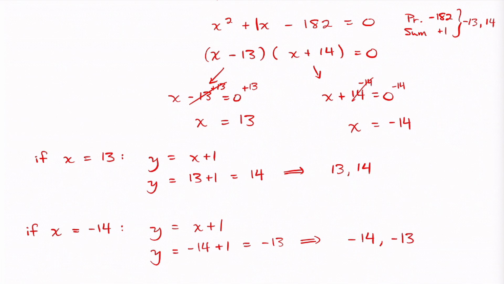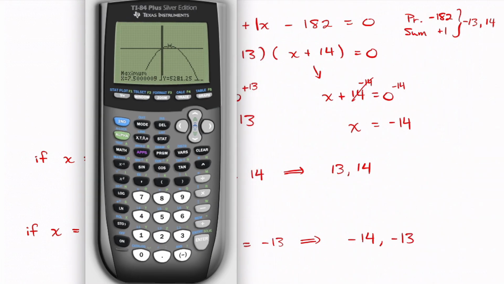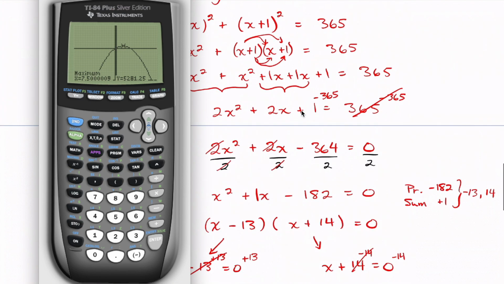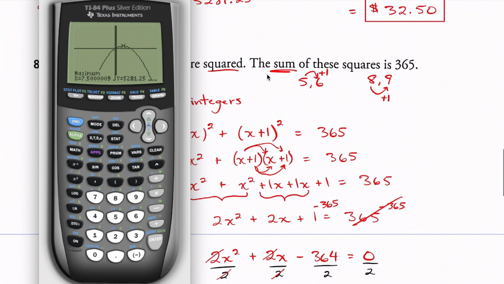Now questions like this, you can always put back into your calculator and check. So they had to be consecutive. 13, 14, those are consecutive. Negative 13, negative 14, those are one right after the other. They're consecutive.